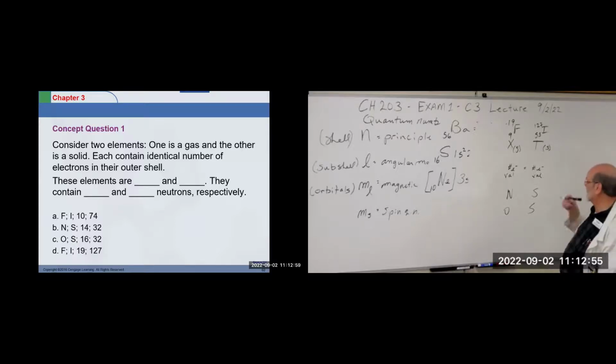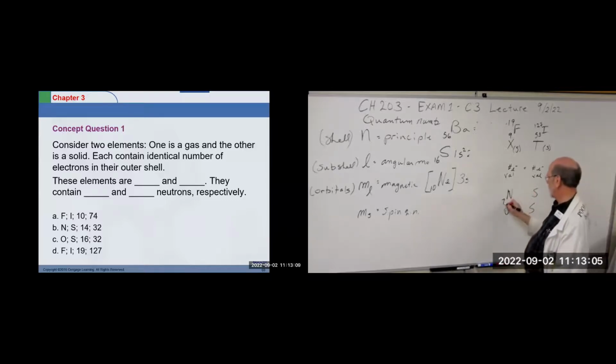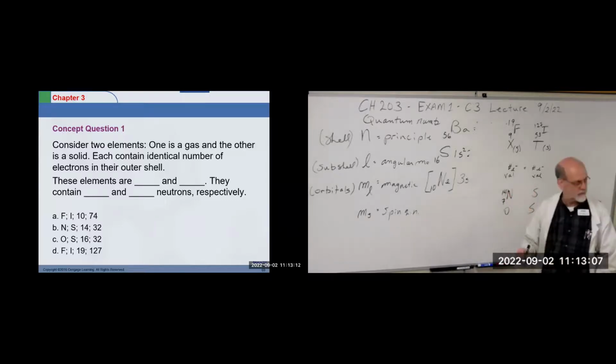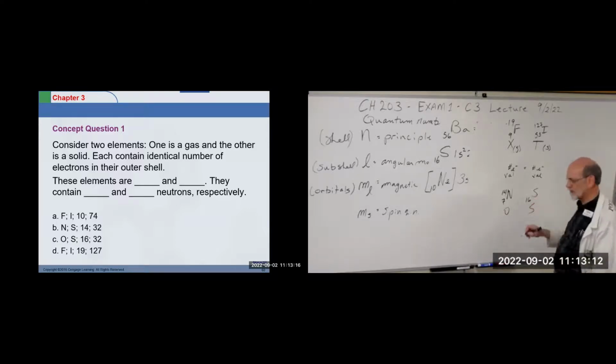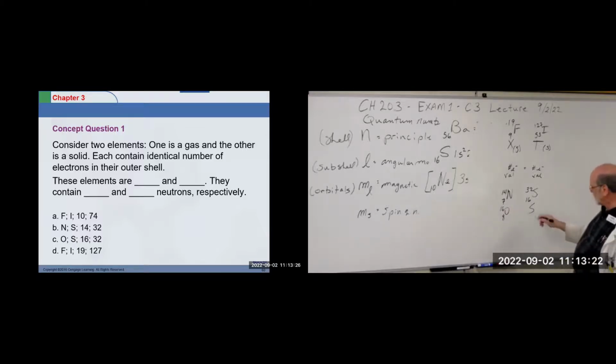How about nitrogen and sulfur? Nitrogen is 7, and 14 is probably the most common, isn't it? So 7 and 14. And sulfur is 16, and the most common is 32. And oxygen is 8, probably 16, isn't it? And sulfur then is 16 and 32.